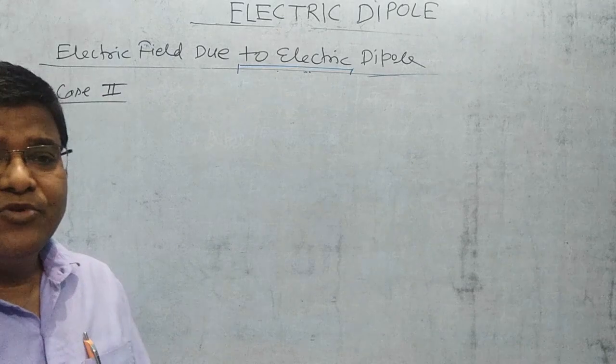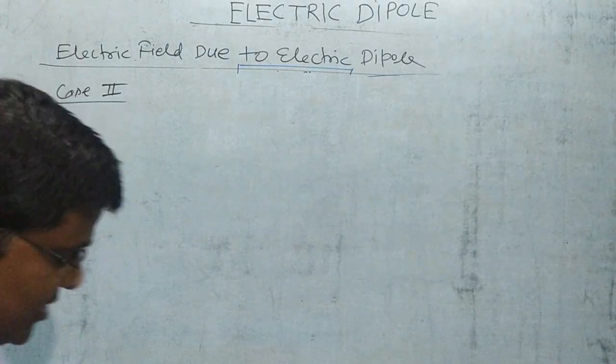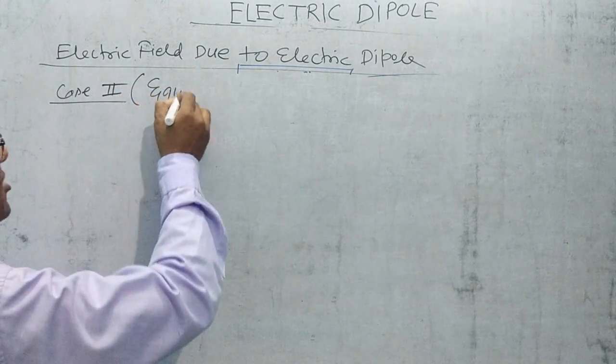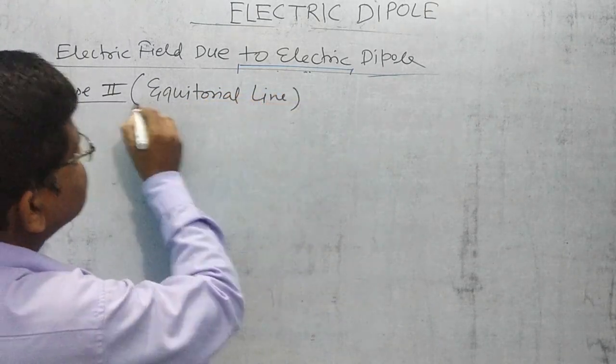Now I am going to explain the electric field due to electric dipole on the equatorial line.